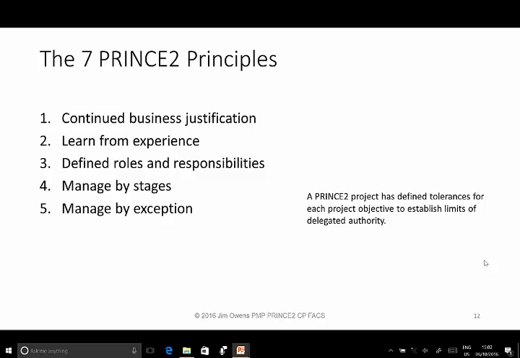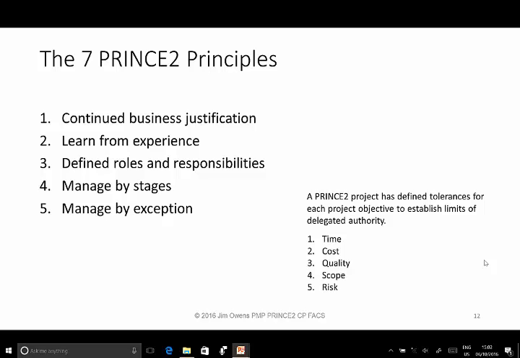And if any of these tolerances are exceeded or are forecast to be exceeded during the stage, then they must immediately be referred up to the next management layer for a decision on what to do next. The 6 tolerances are time, cost, quality, scope, risk and benefit.